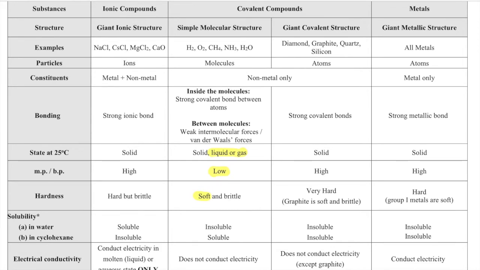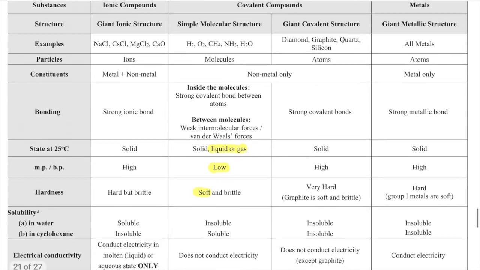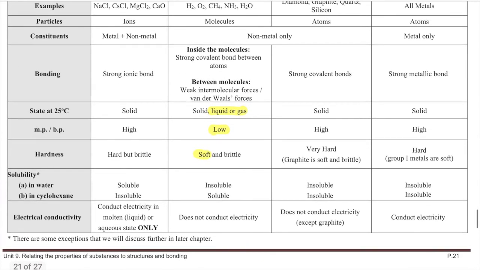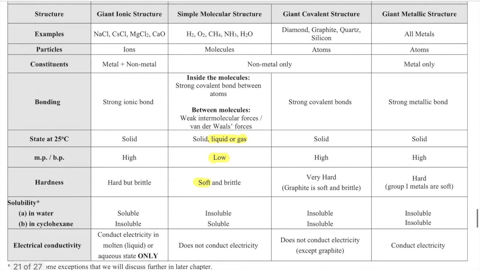And then the solubility. Solubility we will discuss in later units, so I'm not going to bother too much with that row. And then lastly, electrical conductivity. This one is a very useful property we can use to predict the structure. First of all, you need to remember that covalent compounds do not conduct electricity in general. Of course, we have one exceptional case, that's graphite.